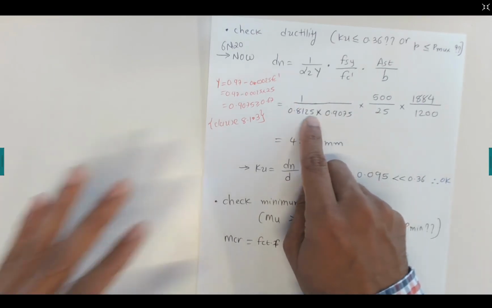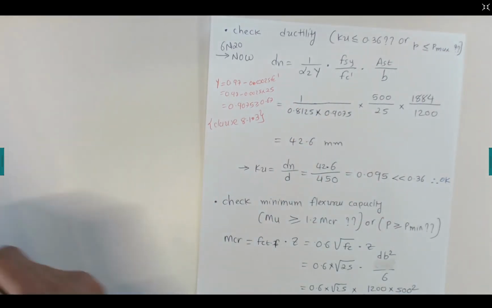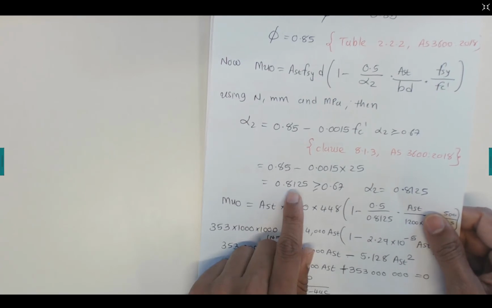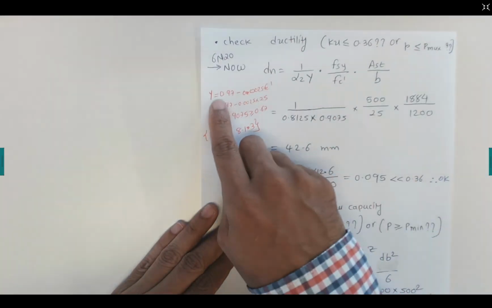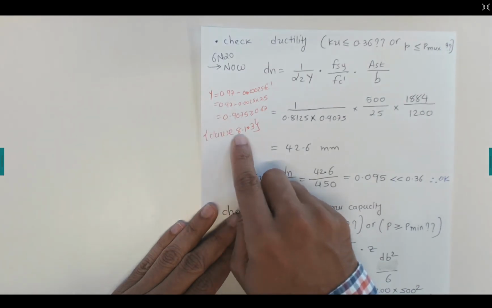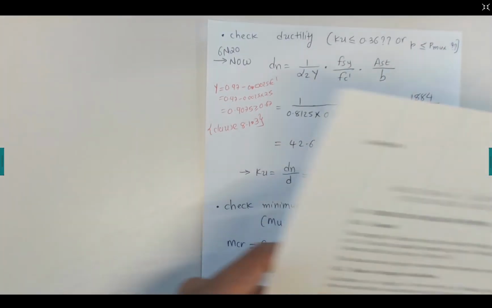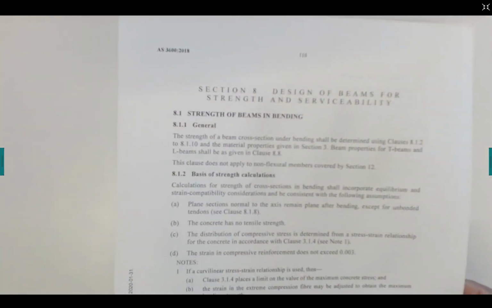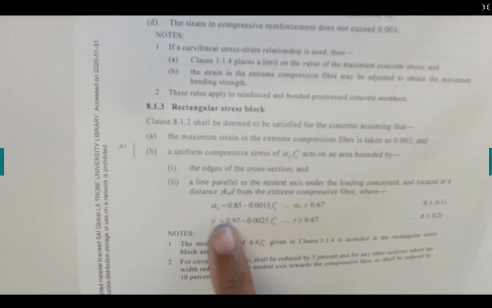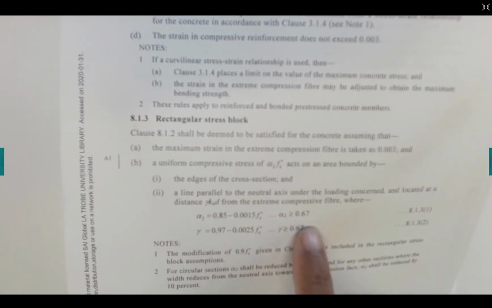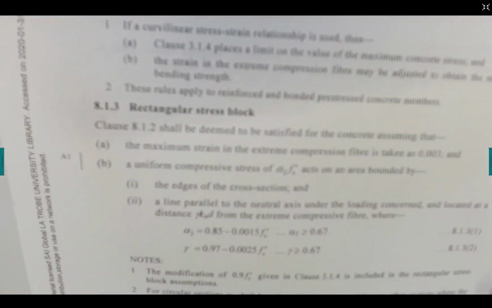Alpha 2 is 0.8125, which we calculated in the previous step. The gamma value we did not calculate, but it comes from the standard, clause 8.1.3 on page number 110, where gamma is 0.97 minus something, and should be greater than 0.67.